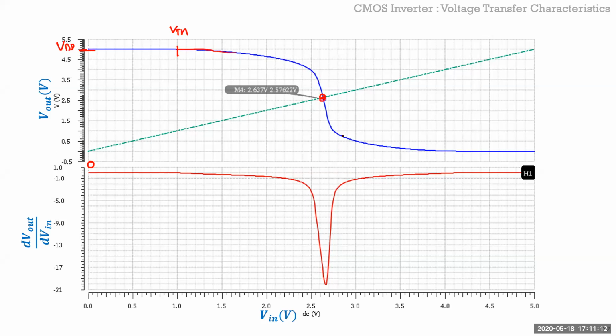Then the opposite happens: your input is high enough that the NMOS is on, the PMOS is in the linear region, and once the input becomes VDD minus the magnitude of VTP, the PMOS switches off, the NMOS is completely on, and the output is equal to 0. And this is that gain curve I showed you a while ago, defining VIL and VIH.